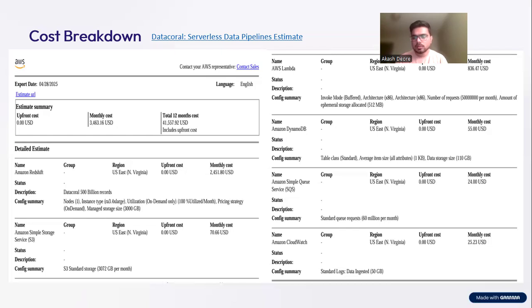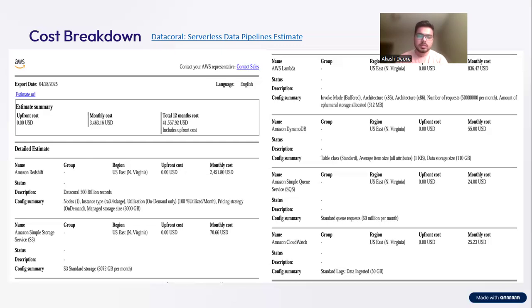Data in is free for AWS, so we can add whatever amount of data we want to store in our S3 bucket, but while we extract the data, AWS charges us for that data extraction, so we need to remember this. Third is DynamoDB on demand, which charges per read or write unit. Whenever a read or write operation is performed on the database, DynamoDB will charge you. When the data sits inside DynamoDB, we won't be charged for the data.